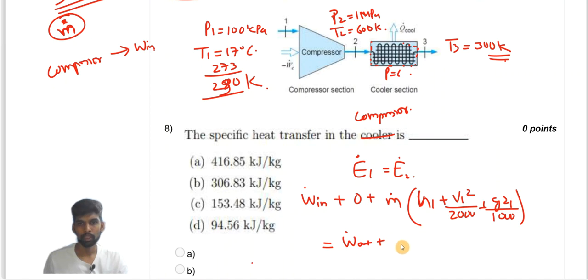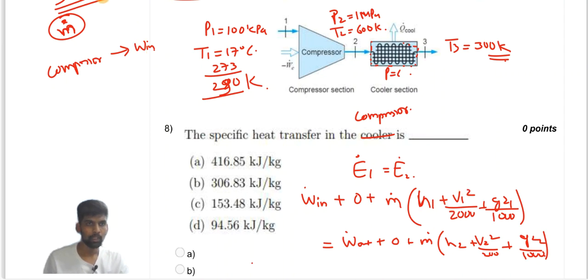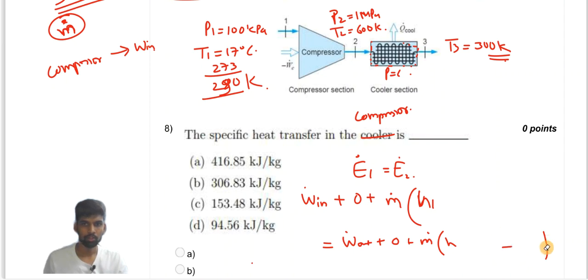Nothing is going out; we are assuming adiabatic. m dot (h2 plus V2 square by 2000 plus g z2 by 1000). Assuming changes in kinetic and potential energy are negligible, these terms will vanish. Similarly, there is no work output. So what we are left with is W dot in plus m dot h1 equals m dot h2.